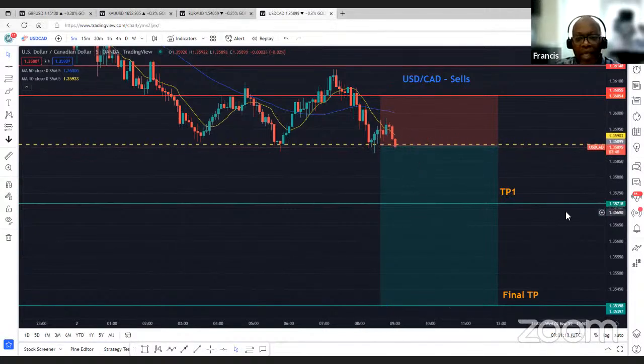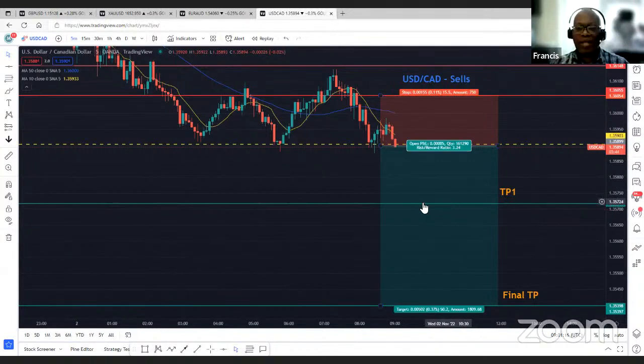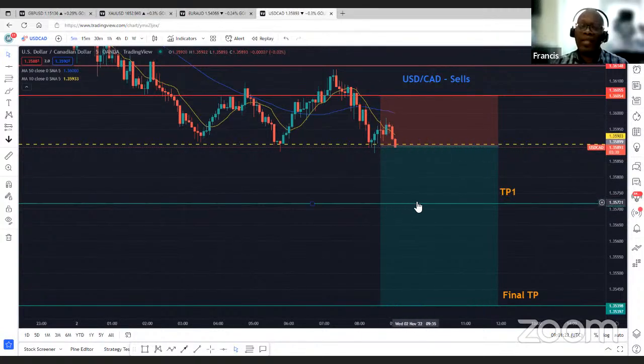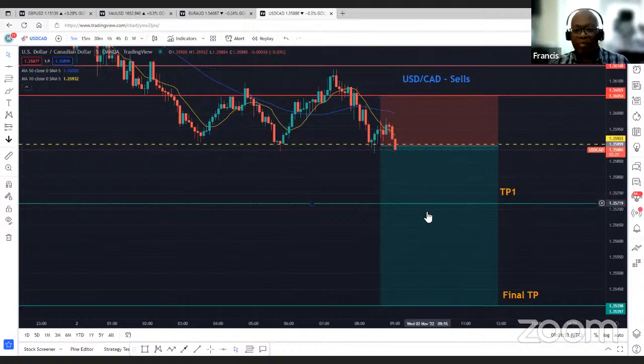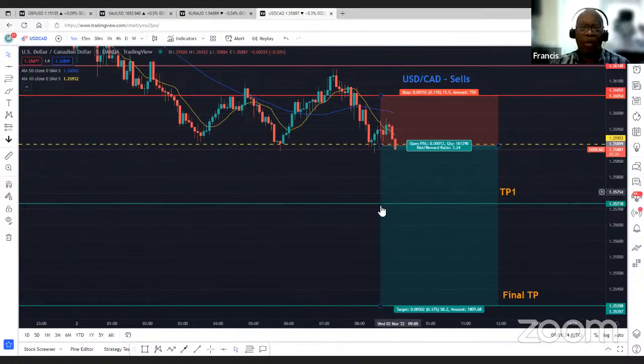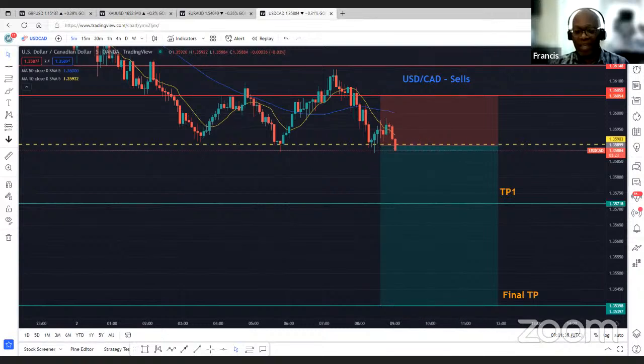And what I say, guys, is once the price hits TP1, take partial profits. If it's just the one position you are in, then obviously close that position and be done with the trade. If you are in more than one position, take partial profits and move your stop loss to break even.